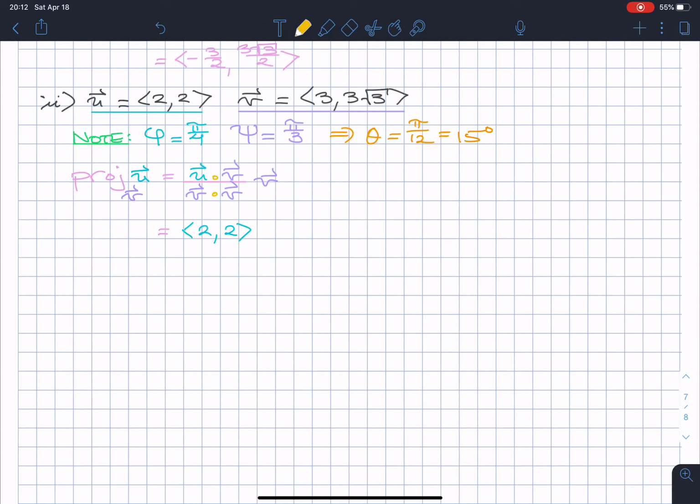We're going to take the dot product of that guy with v, which is 3 comma 3 root 3. We're going to divide that all by 3 comma 3 root 3 dot 3 comma 3 root 3. And then we're going to multiply it by vector v, which is 3 comma 3 root 3.